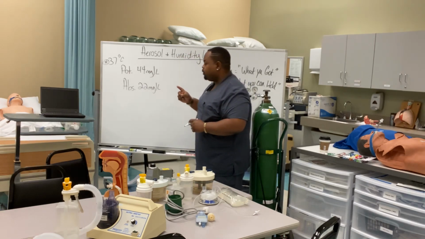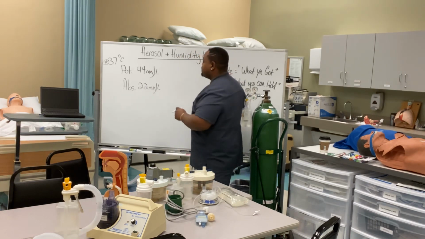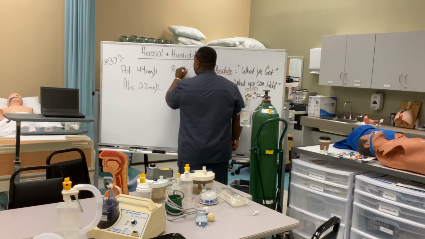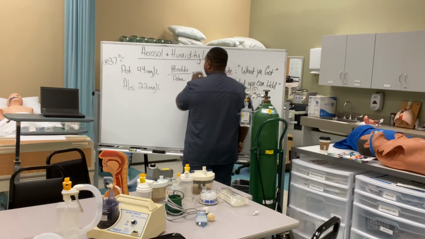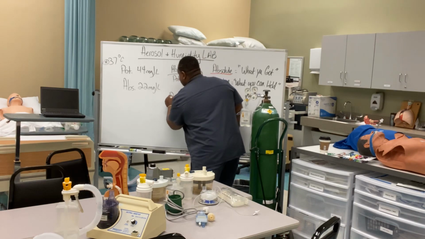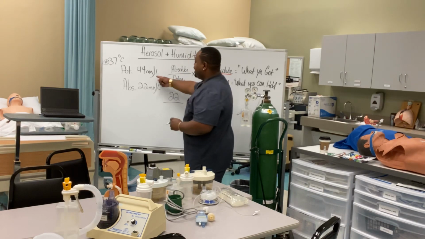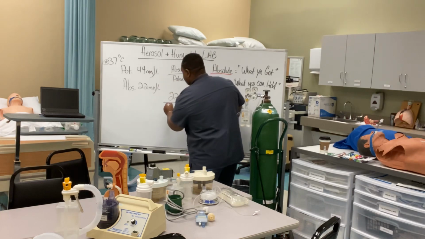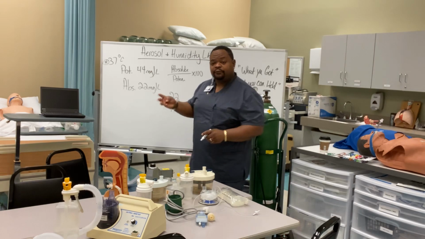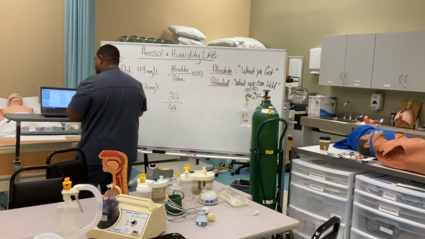So if we put that into the formula, we say absolute over potential times 100. The absolute is 22, so that's 22 divided by your potential of 44.